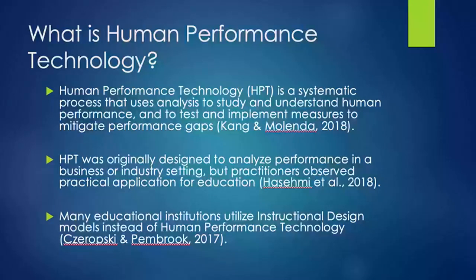So human performance technology is able to analyze all of these different factors in order to find causes for performance gaps in this educational institution, in order to find ways to avoid these gaps, to be able to encourage students and faculty and school administrators to perform to their best ability.